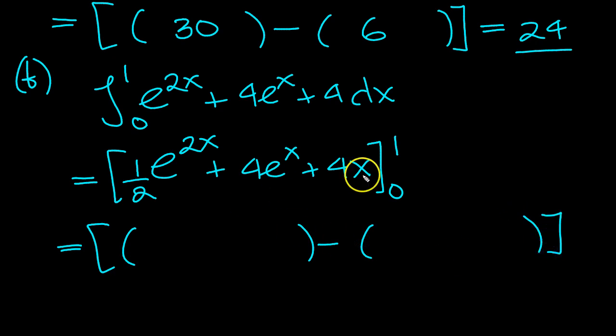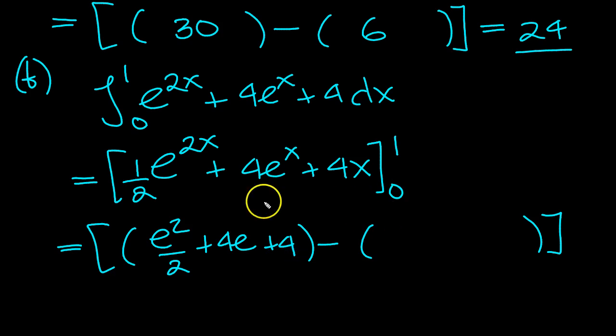Put 1 in, e to the 2, so it's e squared over 2, plus 4e, plus 4, and then put 0 in, e to the 0 is 1, so it's a half. Put 0 in here, it's 4 times 1, which is 4. Put 0 in here, we get 0.